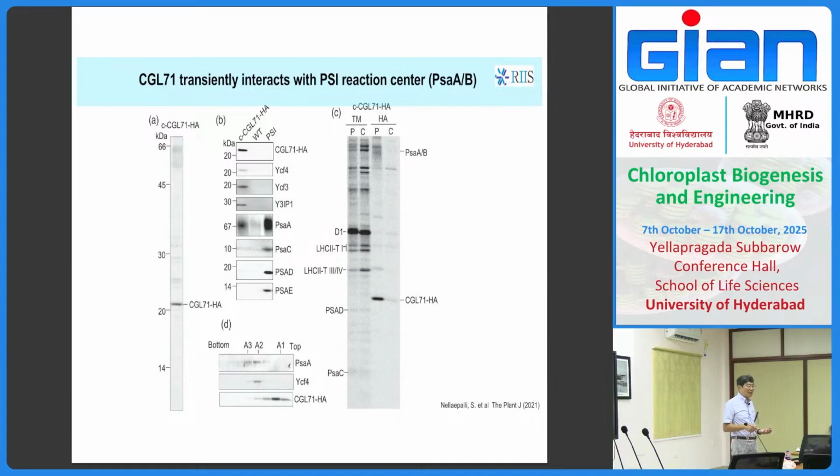Sometimes fusing to the C terminal side may make the protein unstable, or the N terminal side may. So we did both at the same time to save time, to see which is better for purification or for stabilization. But in the case of nuclear encoded proteins, we always fuse at the C terminal side.